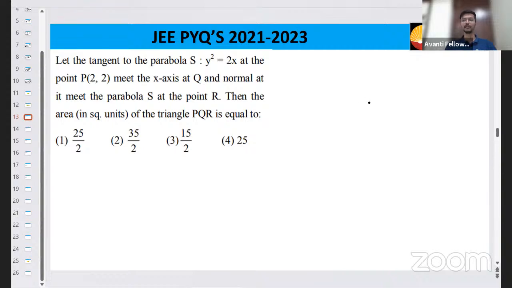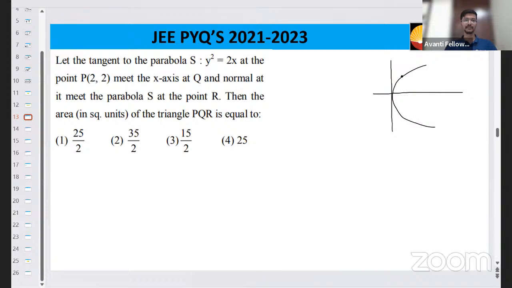So here, guys, let us try to draw the diagram. The diagram will look like this, let me draw it here. This is the given parabola y square equals 2x.